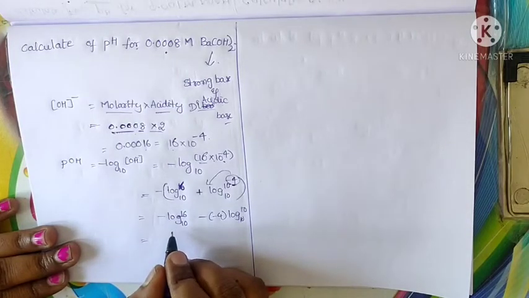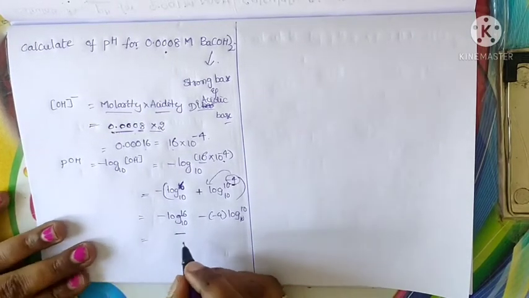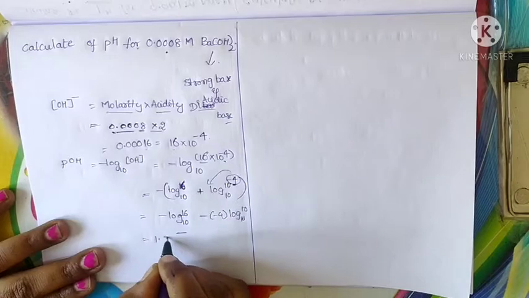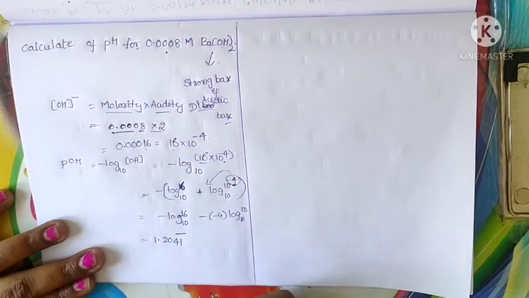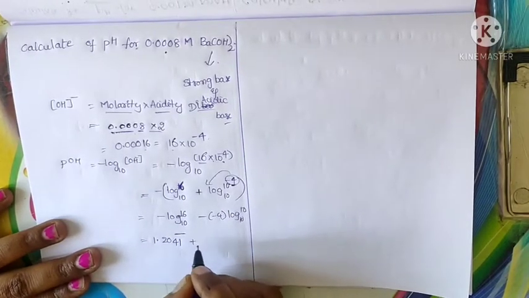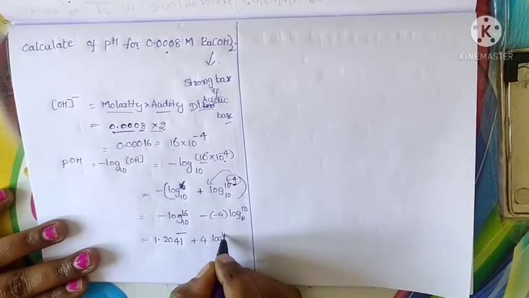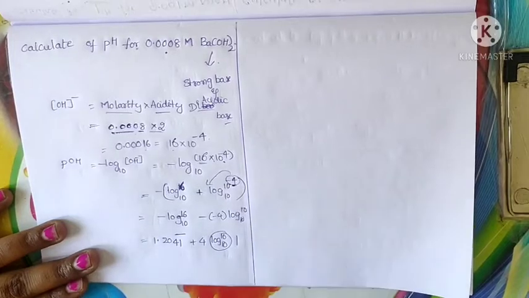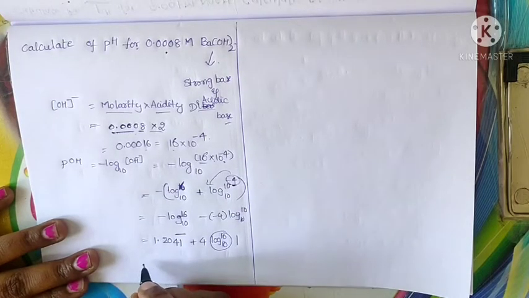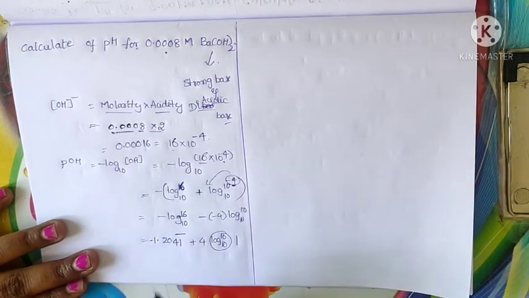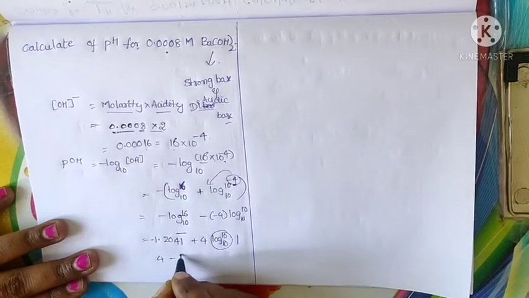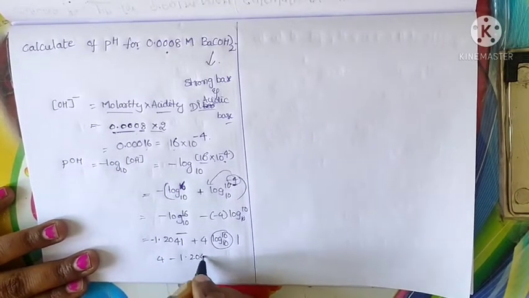It is 4 log 10, so log 10 value becomes 1. So the log 16 value is 1.2041, and minus of minus 4 is plus 4, and log 10 value becomes 1. So it is 4. So 4 minus 1.2041.